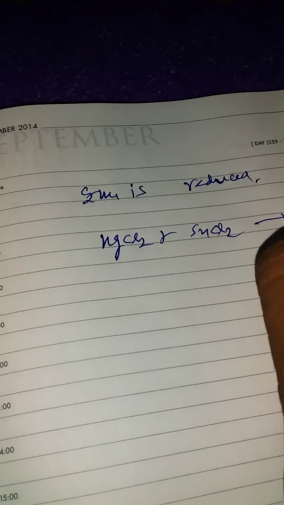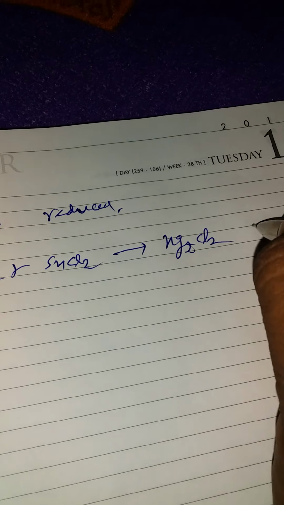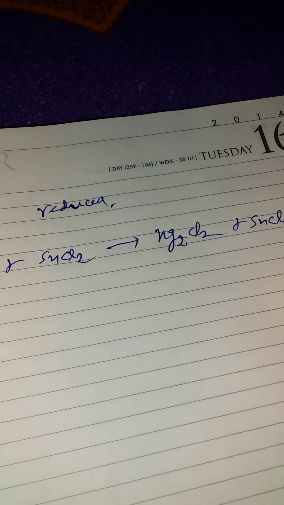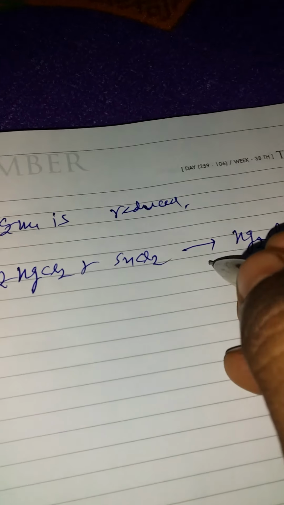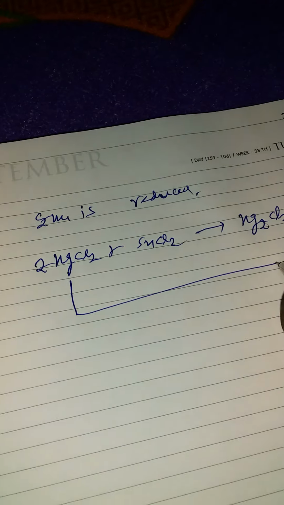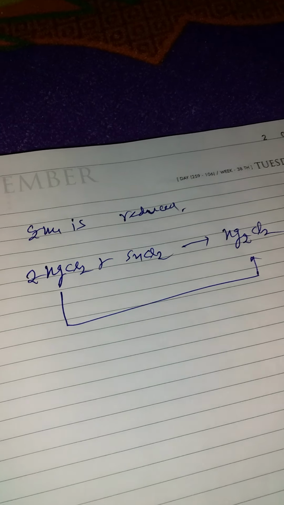Another example, HgCl2 reacts with SnCl2 to form Hg2Cl2 plus SnCl4. After balancing, 2 HgCl2. Here we see that HgCl2 converts into Hg2Cl2.